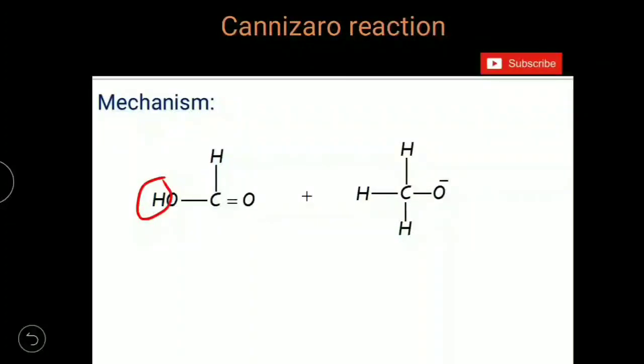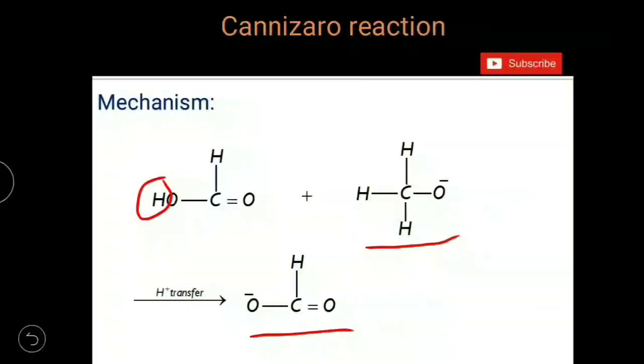Acidic formic acid releases H plus ion and basic alkoxide ion takes that H plus ion. So here now proton transfer takes place, H plus ion transfer takes place from formic acid to alkoxide ion to give salt of formic acid and methyl alcohol, methanol.